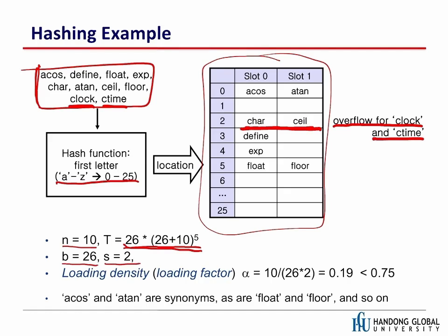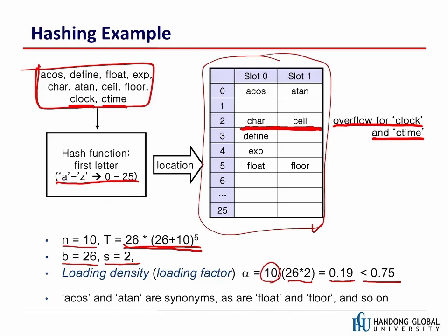Then let's check the loading factor. Alpha is 10 over 26 times 2. So 10 is the number of identifiers, and 26 times 2 is the size of our hash table, which is 0.19, which is smaller than 0.75, which is a predefined threshold.